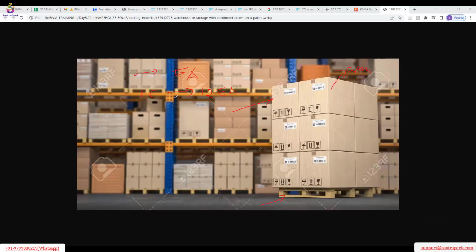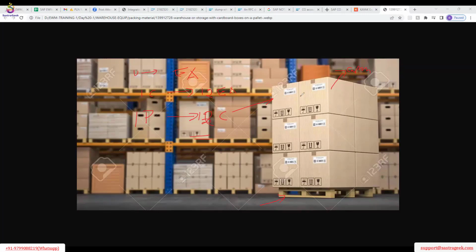Assume this carton box has 12 Coke bottles. And one pallet is equal to around 12 cartons, sorry, 12 cartons we keep on the pallet. This is the overall HU, handling unit.